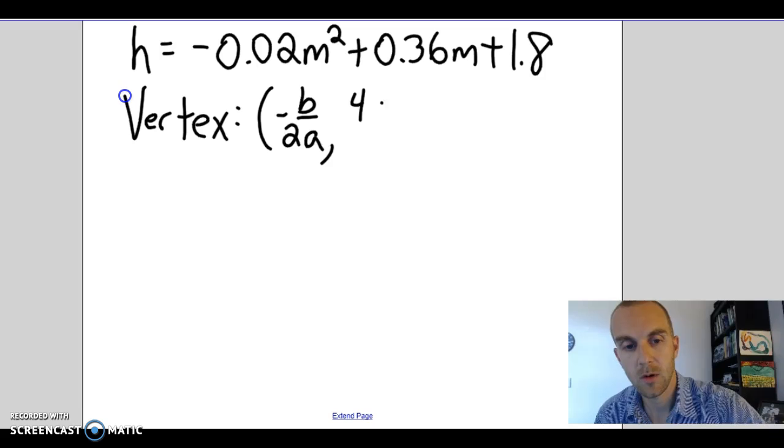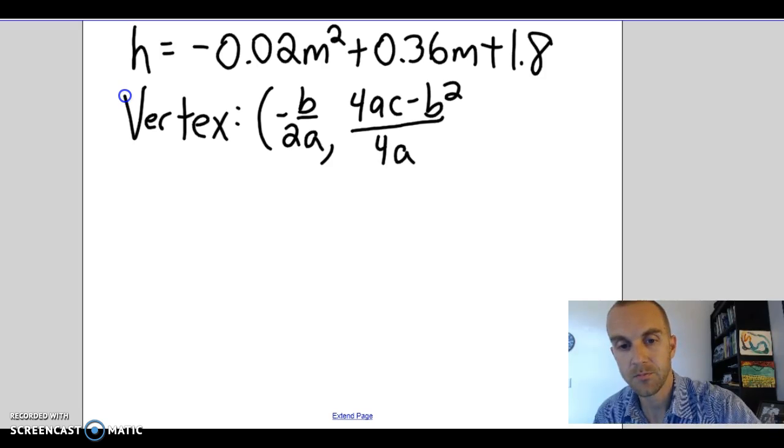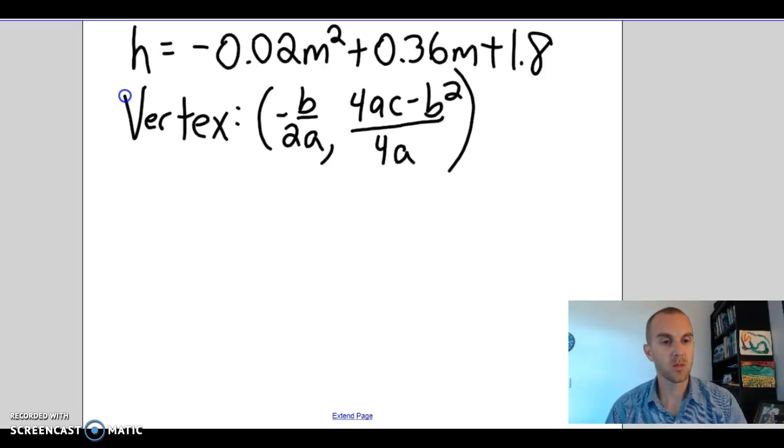And then I have 4ac minus b squared over 4a. And I can plug in the components I have.